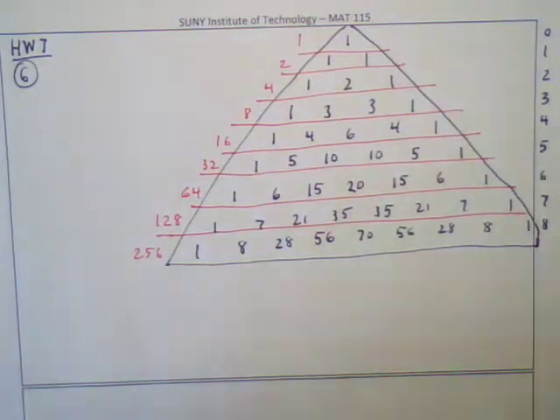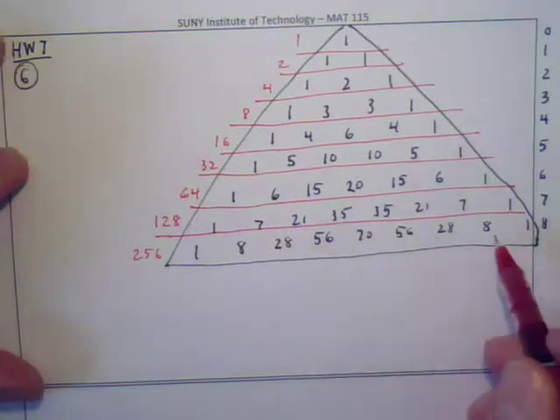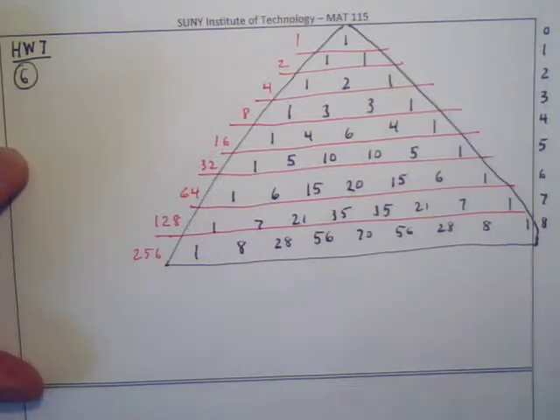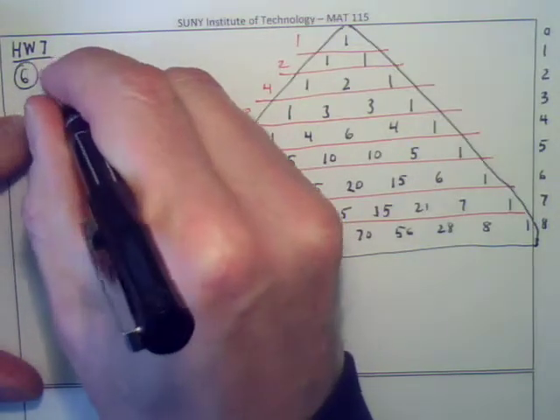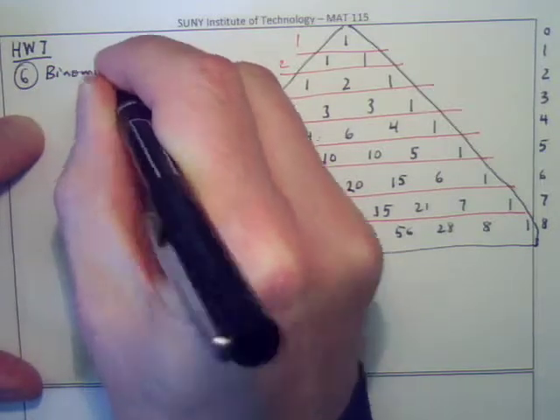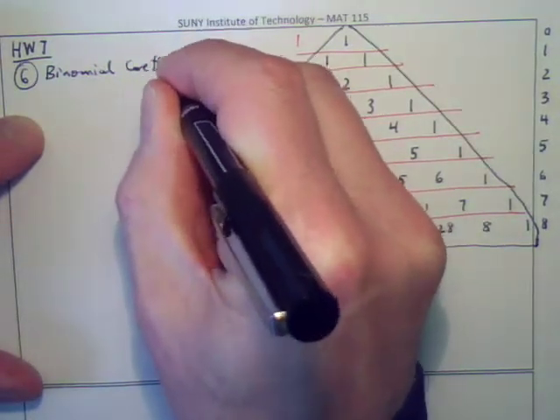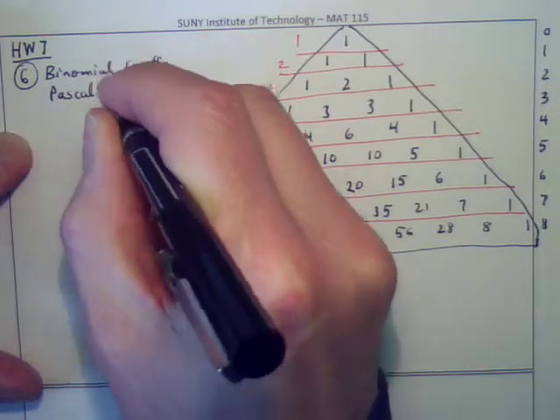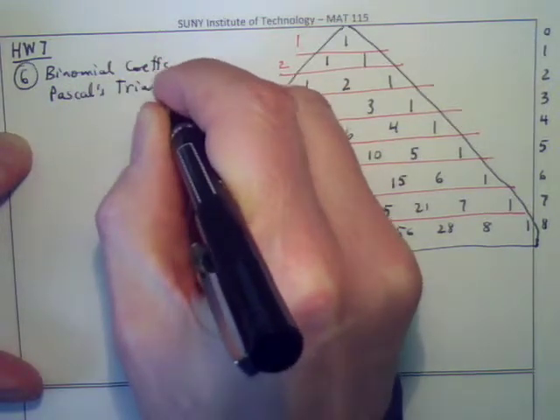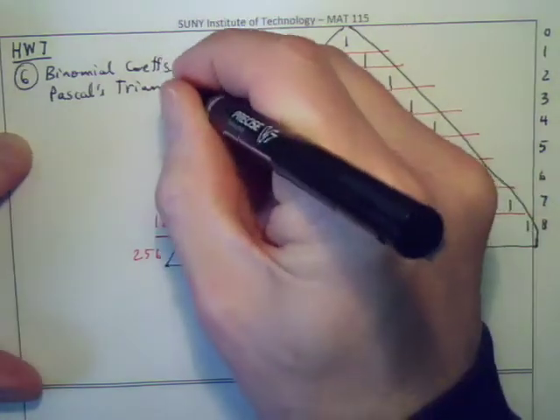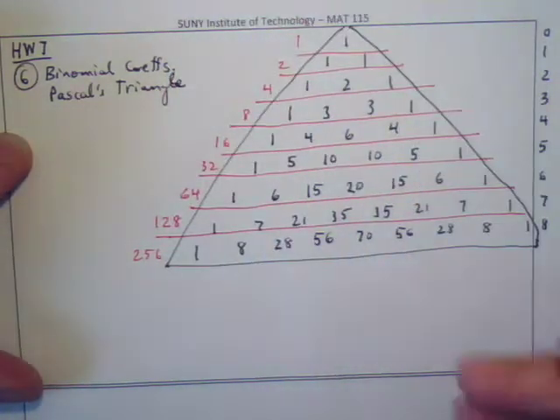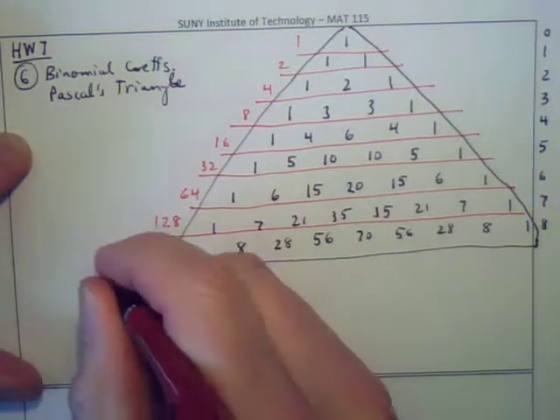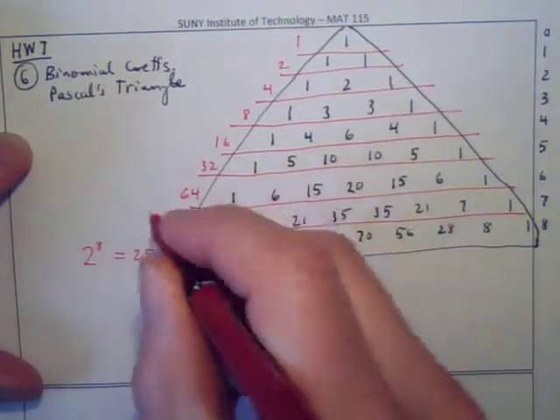In other words, these are binomial coefficients in Pascal's triangle, and the sum of the binomial coefficients in any given row is equal to 2 raised to that row number.